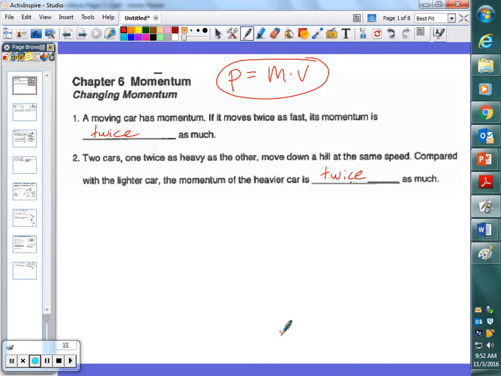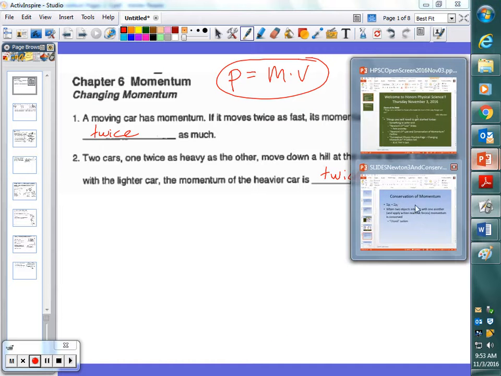Okay? Good there? Okay. These questions apply to singular objects. We can talk about the momentum of some separate object. But when we talk about conservation, we have to talk about interactions.